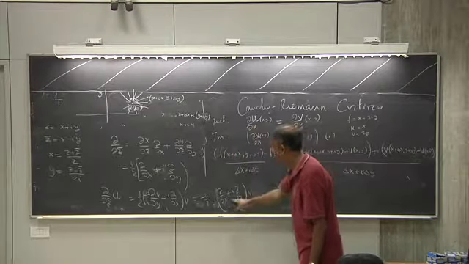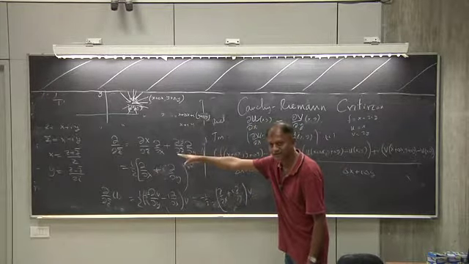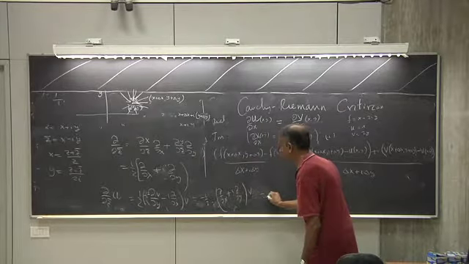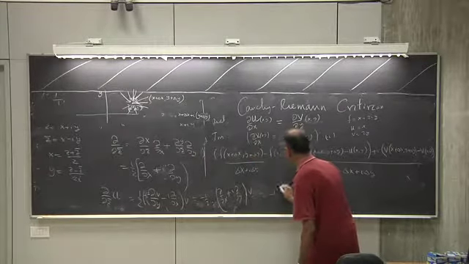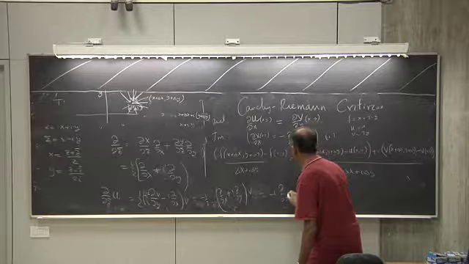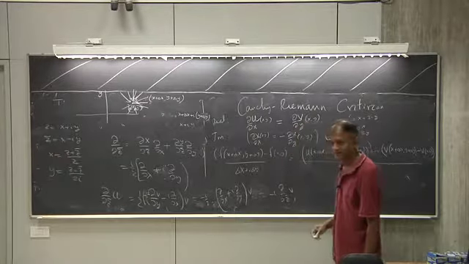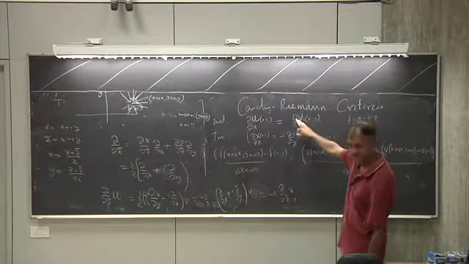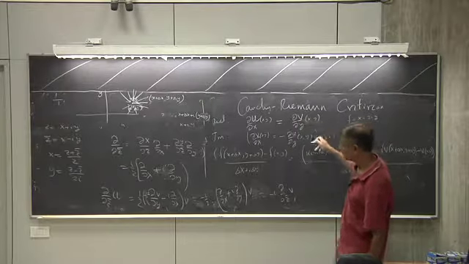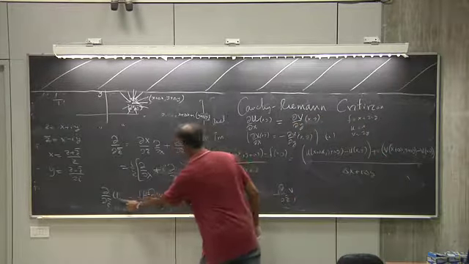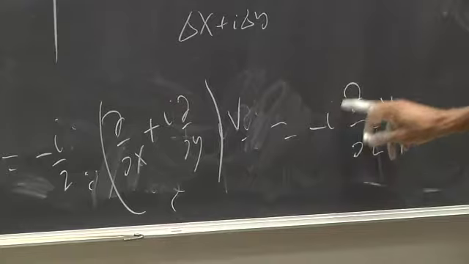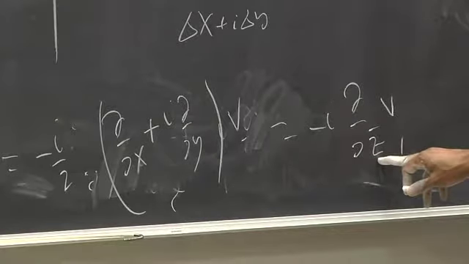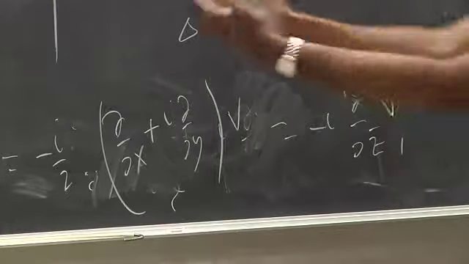But this is again d by dz bar, so this becomes minus i d by dz bar of v. So by choosing this combination, these two equations say that d by dz bar acting on u is equal to minus i times d by dz bar acting on v. Take this to the other side.